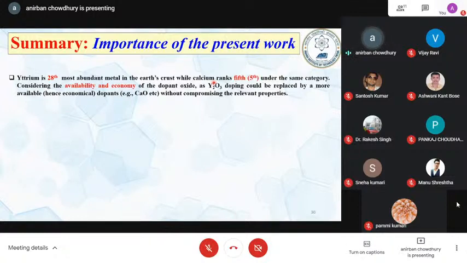Well, how expensive is it? Let me give you an example. 1 kg of 3% yttria stabilized zirconia costs you in today's terms around 70,000. And 1 kilo of 3% calcium stabilized zirconia, based on our precursor rating, will cost you maximum 1500 to 2000.